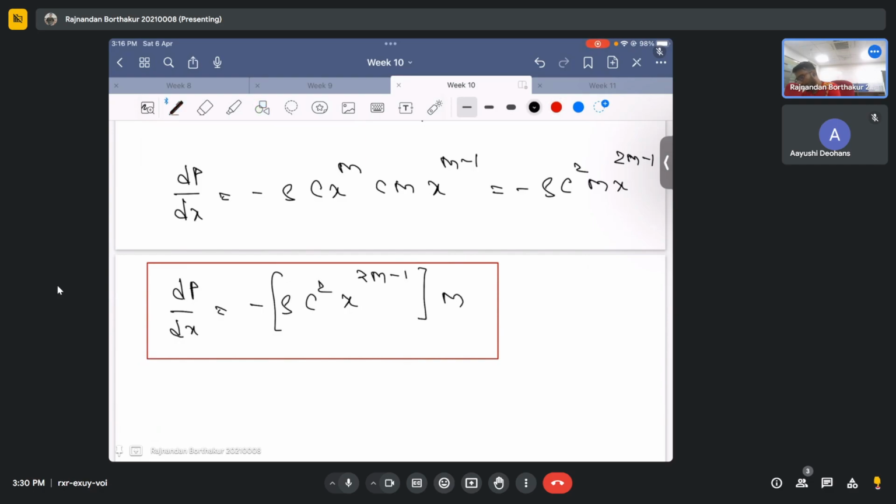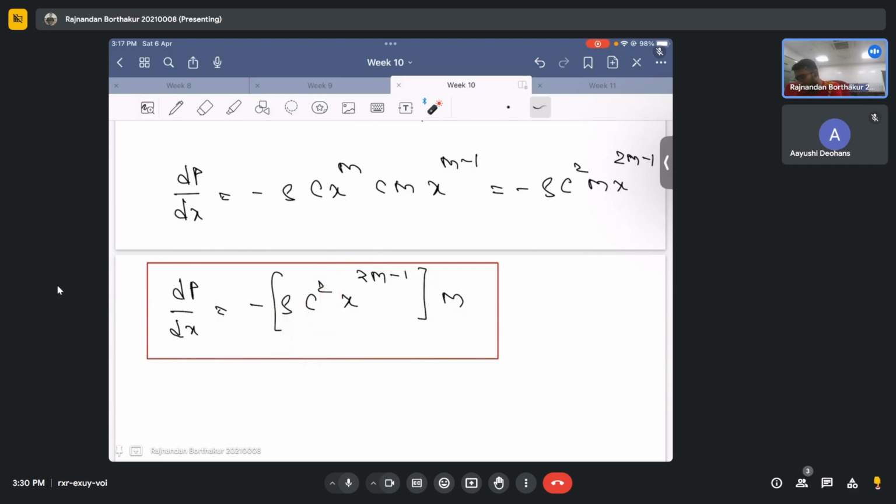All right, so can you tell me which parameter in this expression would dictate the sign of dp by dx? Yes, m, exactly. So you appreciate that, right? Because this density is a constant, c square is essentially constant. Sorry, I mean density is positive, not constant actually.